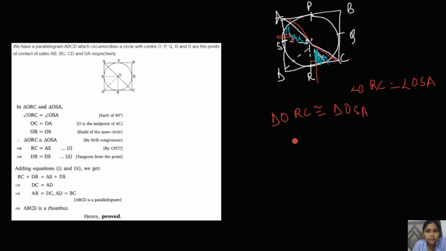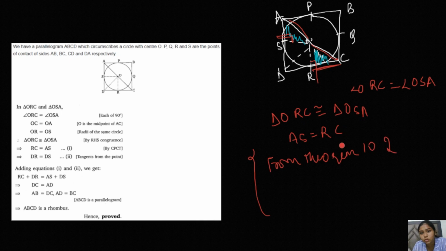So by CPCT we can say that AS is equal to RC. And since we know from theorem 10.2 that D is the external point, DR will be equal to DS, since both of them are tangents from an external point, so their lengths are equal.